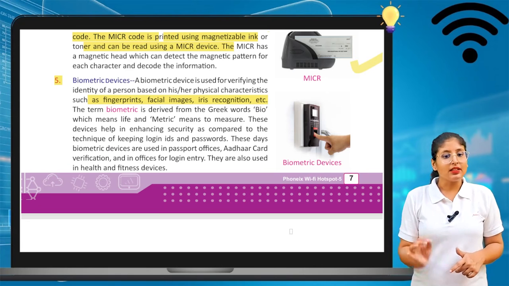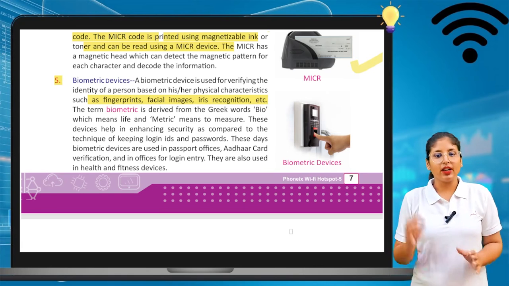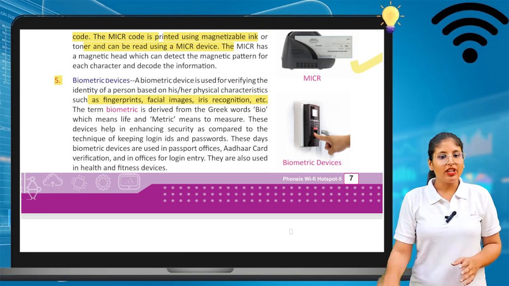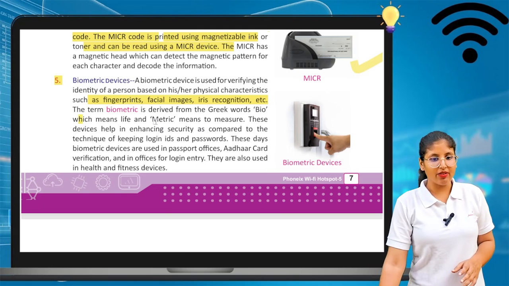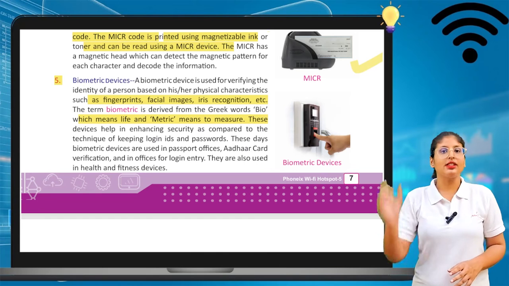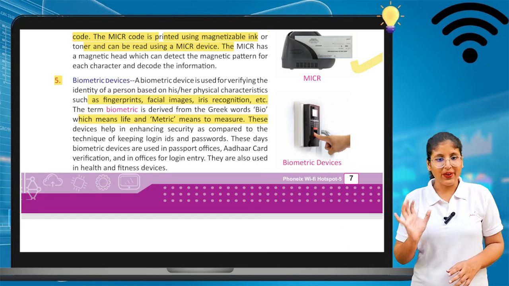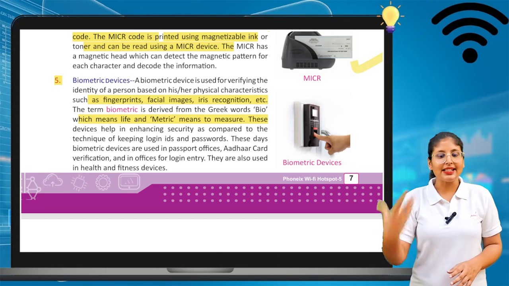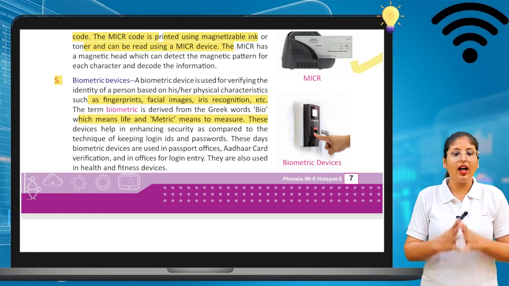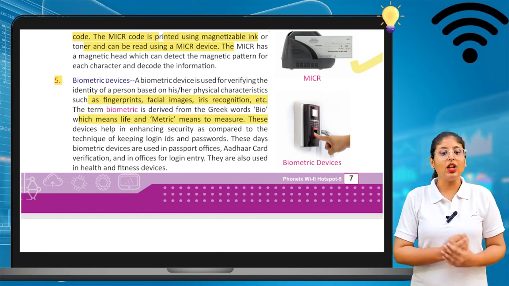The term biometric is derived from the Greek word bio, which means life, and metric, which means measure.